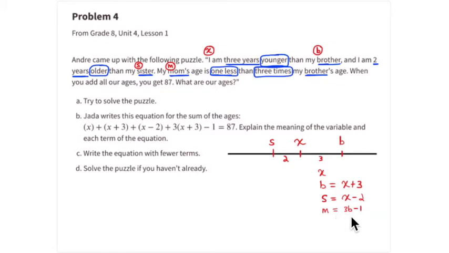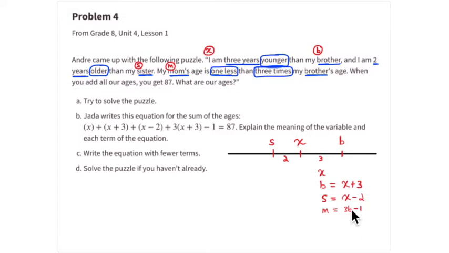And the mom's age is 1 less than 3 times the brother's age. So you multiply the brother's age by 3, and then you subtract 1 from that. But how do you get this written in terms of x? Well, notice up here that the brother's age is x plus 3.